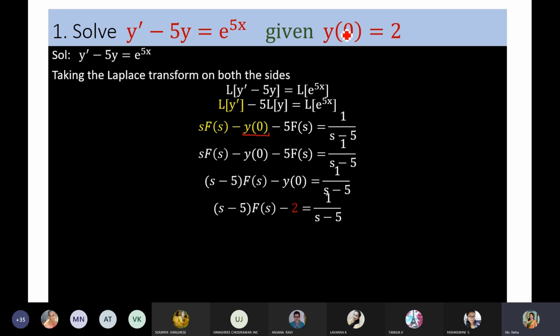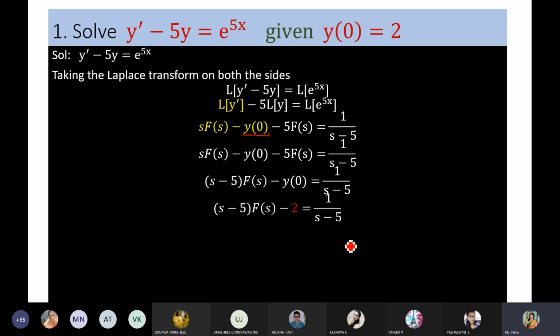I have substituted the value of y of 0, which is 2, and then I have taken F of s common. If we take F of s common, then we will get s minus 5. So finally you will get the equation: s minus 5 multiplied with F of s minus 2 is equal to 1 divided by s minus 5.